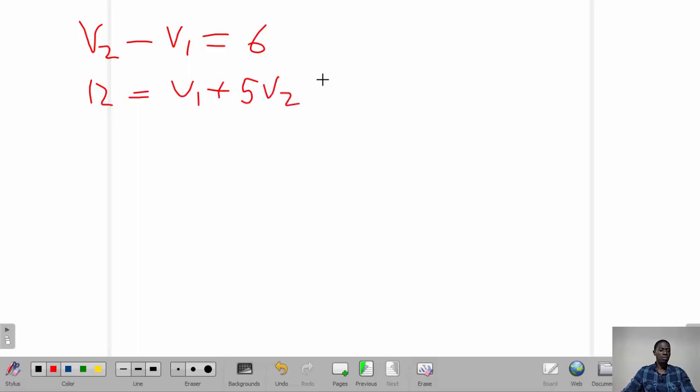So we can replace V2 in this equation and get our solution. When we do that, first we can find the solution for V1, and then we find the solution for V2.